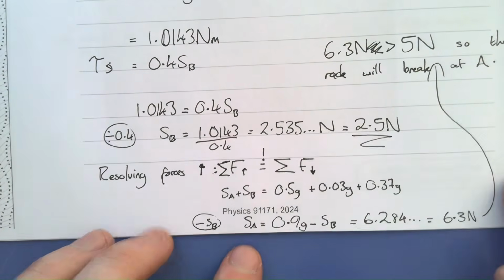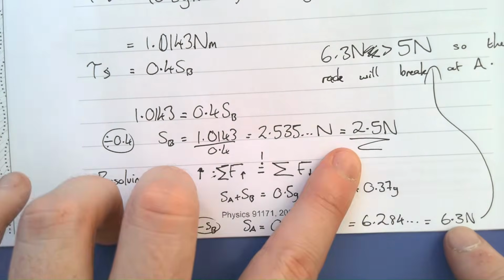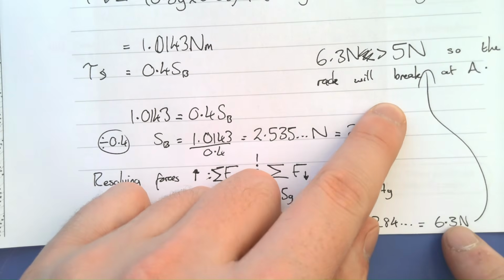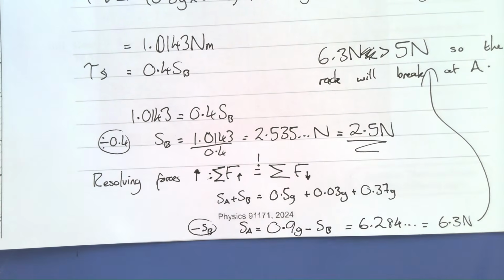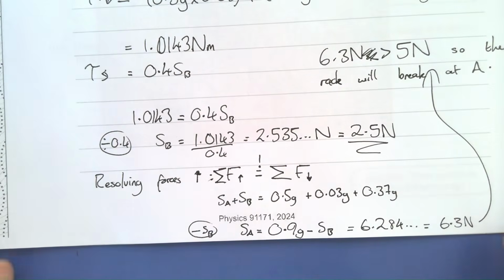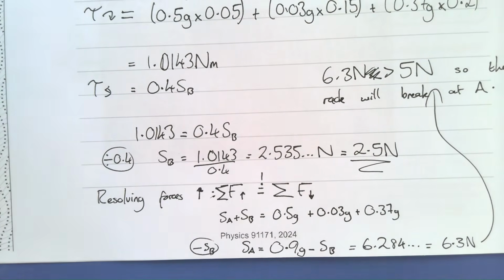So if you did all this work, all these calculations, and got 6.3 and 2.5, but didn't write that sentence, you get merit. Alternatively, if you tried to do all this and made one little mistake, or one minor error, according to the mark scheme, that's merit.